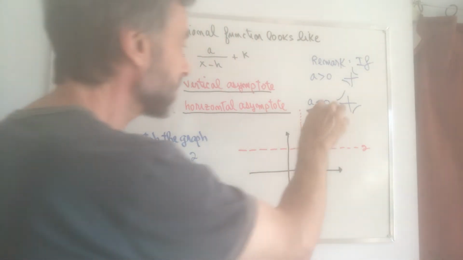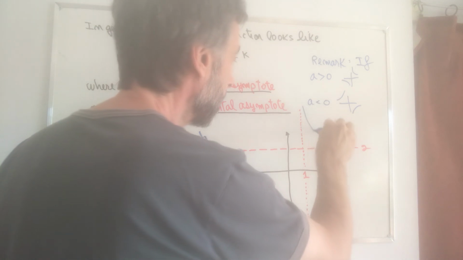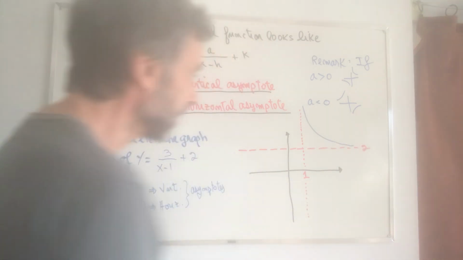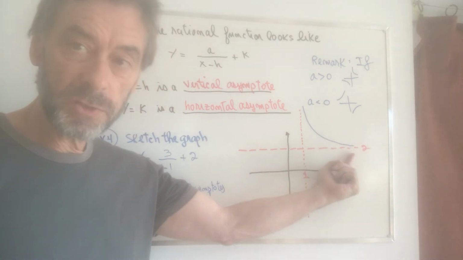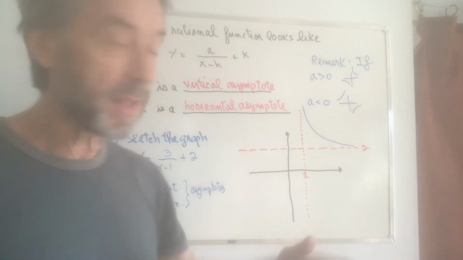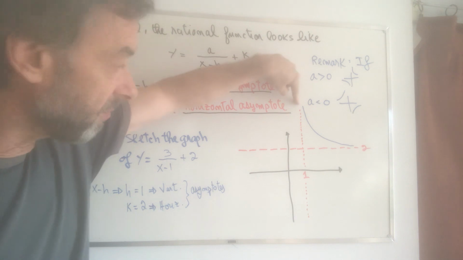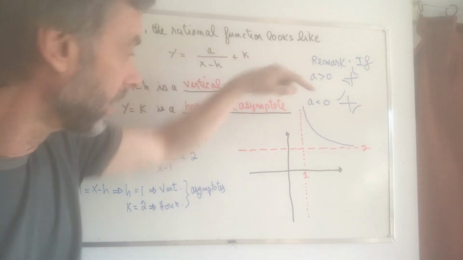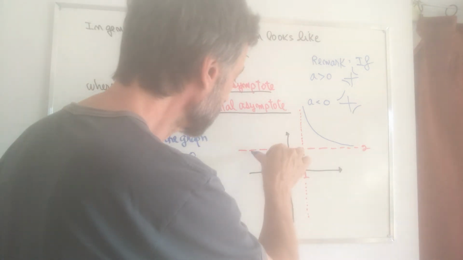And then, since we have our asymptotes, and we know that a is positive, it's going to be looking like this. Notice that I lean closer and closer and closer to this line y equals 2 without ever touching it, because it's an asymptote. And it's the same thing here for the line x is equal to 1. And then I do this.